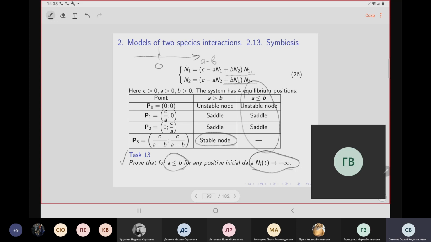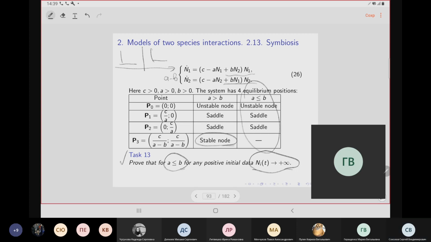This is the first region, when A is greater than B. And this is another region, when A is less than B. So the parametric plot is only one-dimensional. We can draw a picture.